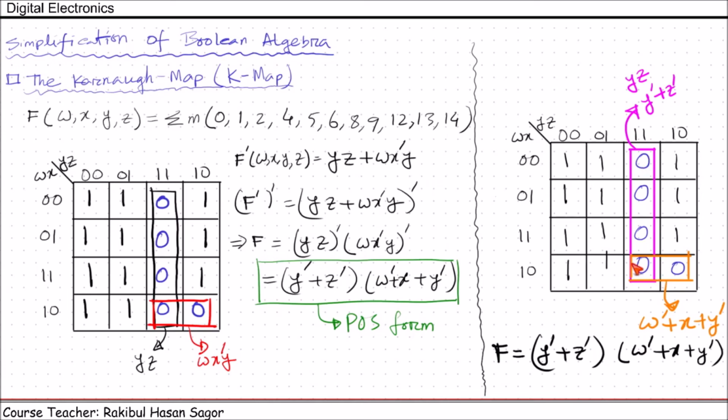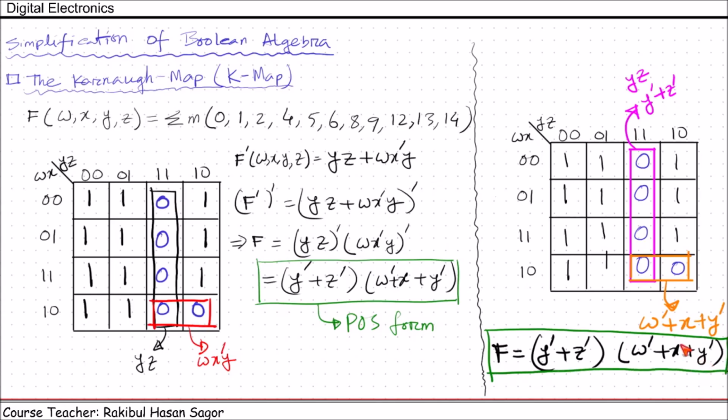Then map the zeros. Once you map the zeros, name the boxes in sum form, not in product form. Finally, write the function by writing each sum form inside a bracket, and all these sum forms will be placed in multiplied form to express the function in product of sum form or POS form.